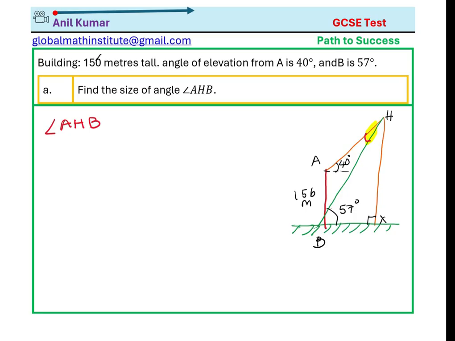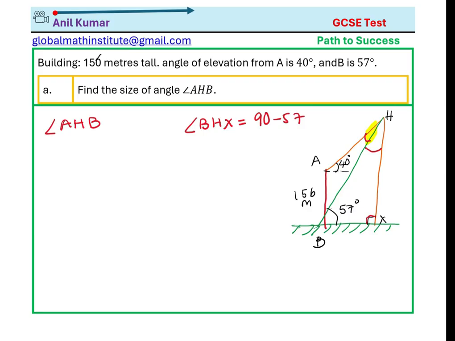So let's go with a lot of work first, right? If this is 90, this is 57, let's find this angle. That angle will be, let's say, angle BHX, which will be 180 minus 57 minus 90. You can say 90 minus 57.